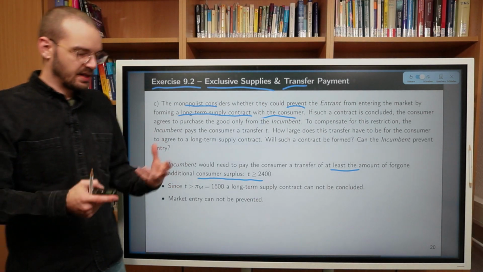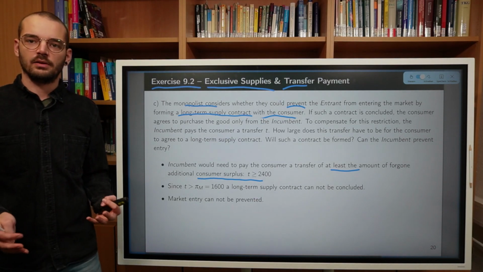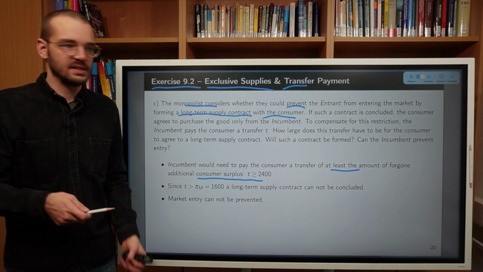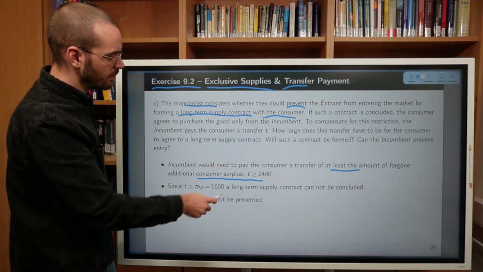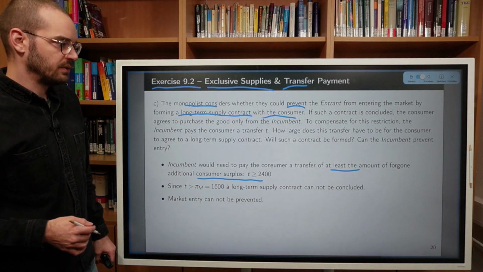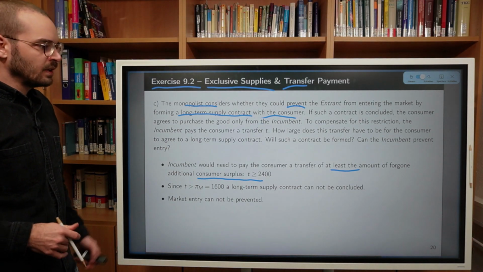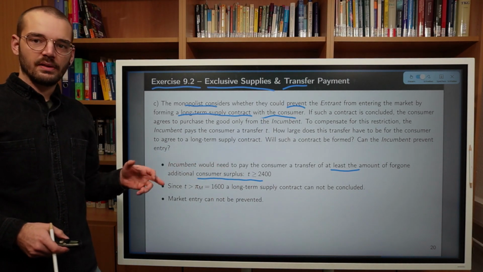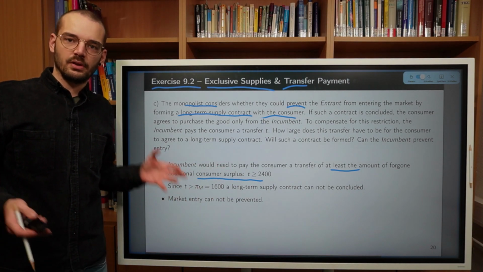So the incumbent would have to compensate the consumer in exactly this amount. So this transfer payment needs to be larger or equal to 2,400. All right. If this does not hold, then of course the consumer will not agree to the contract.